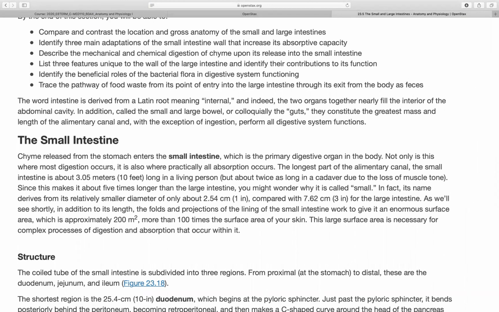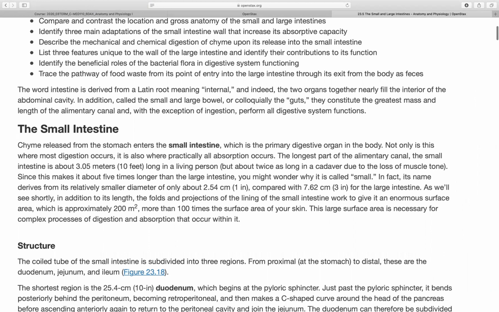What's the difference? Well, the small intestine has a smaller diameter, but there's more of it, right? It's composed of three parts, the duodenum, the jejunum, and the ileum. And the main function of the small intestines is absorption of nutrients. And of course, if it doesn't absorb something, then it's going to kick it down to the large intestines. And the function of the large intestine, the majority of its absorption is water.